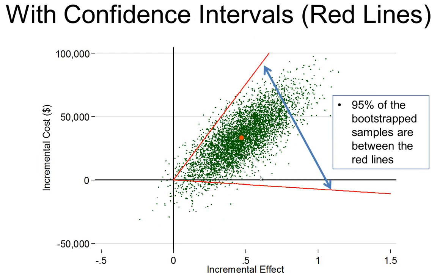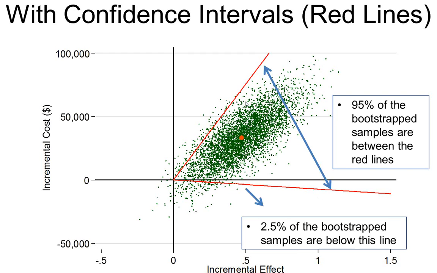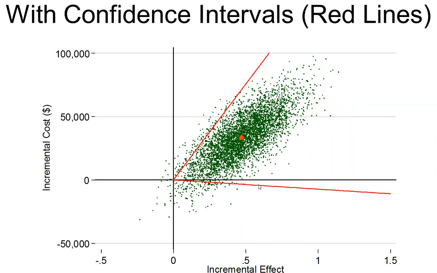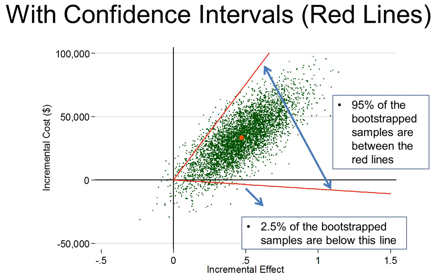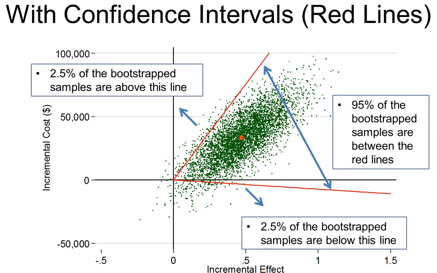It means that 95% of the bootstrap samples are between these two red lines. 2.5% would be below the bottom line, and 2.5% would be above the top line. So this is a pretty convenient way to think about what bootstrapping and the confidence intervals actually are.